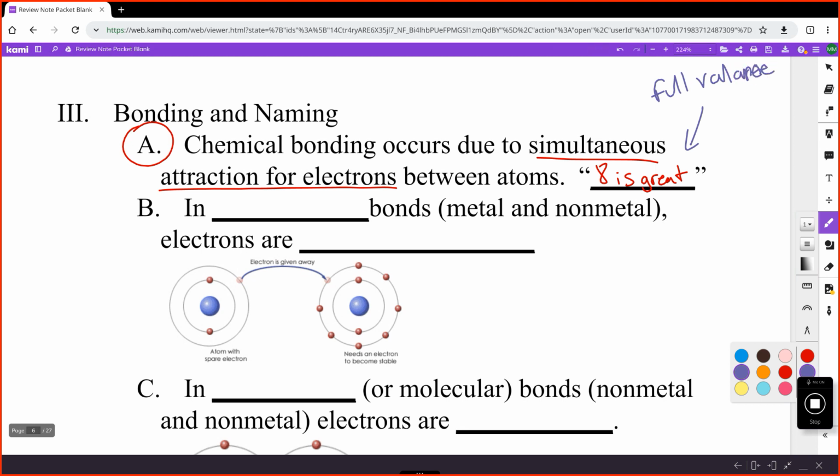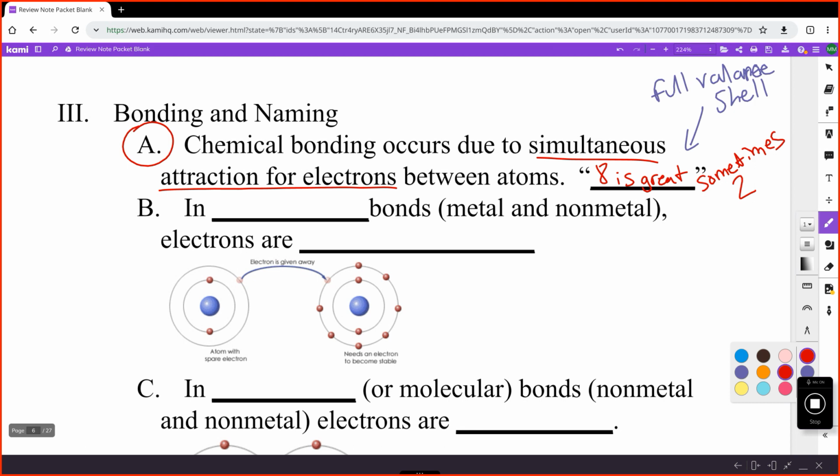And that usually means 8. Sometimes it's 2, in the case of hydrogen, helium, lithium, and beryllium. But there's always an attraction of electrons because every atom is trying to achieve this octet, this full complete shell.